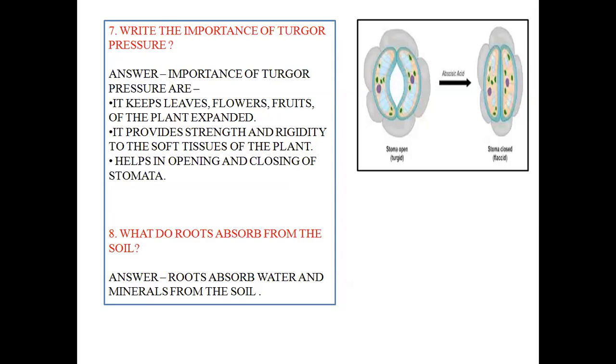Now, as I said, students, when adequate amount of water will be available, that time the cells will swell up with the water, and when it swells up with the water, it becomes expanded, and the leaves, flower, fruits look healthy. They grow faster. Even the cellular activity within their cell goes on fast.